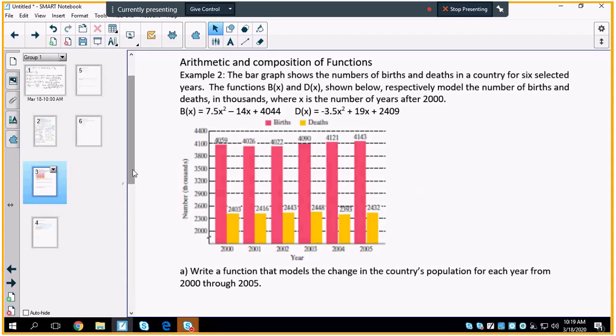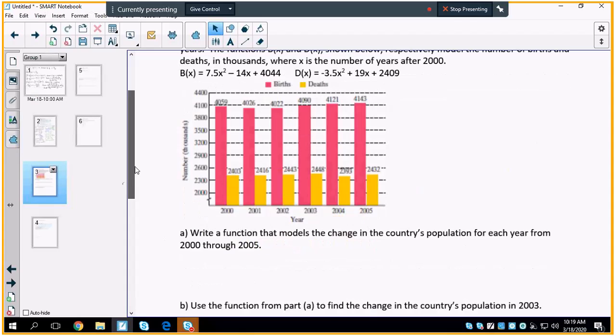So for example, if I'm using 2003, then x is equal to 3, as 2003 is 3 years after 2000. So if I put x equal to 3, the number that I get from the function b(x) is going to represent the number of births in this country in the year 2003. Similarly, you can interpret d(x). d(x) is the number of deaths in the country x years after 2000.